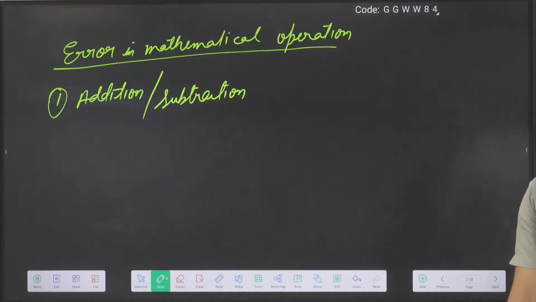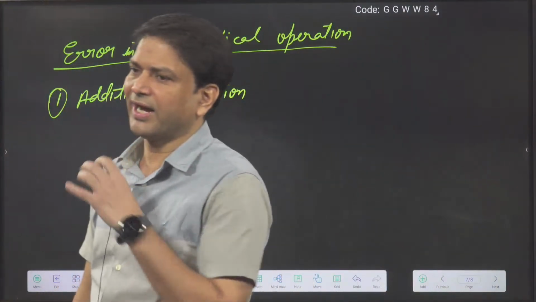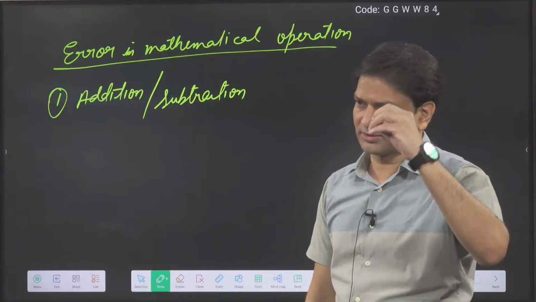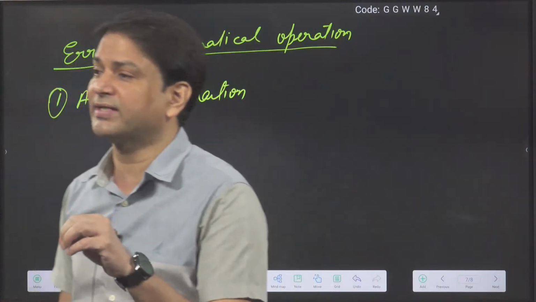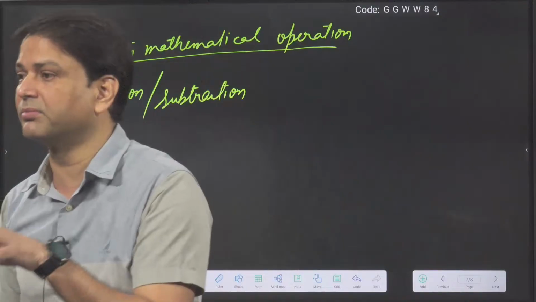In addition and subtraction, how are we finding the error? Whether you are adding the quantities or subtracting the quantities, error we are always adding. What I said, because we are always calculating the maximum possible error.